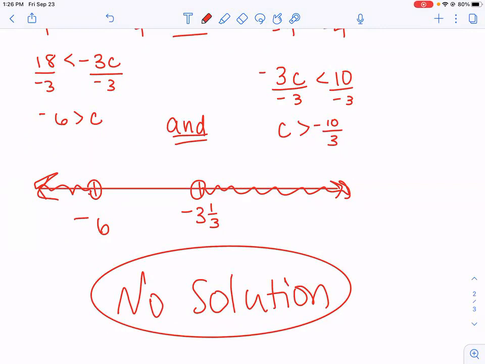There is no overlap. It's a number line. That's why we call it a number line. Okay, if there's no overlap and we have an and statement, there's no solution.